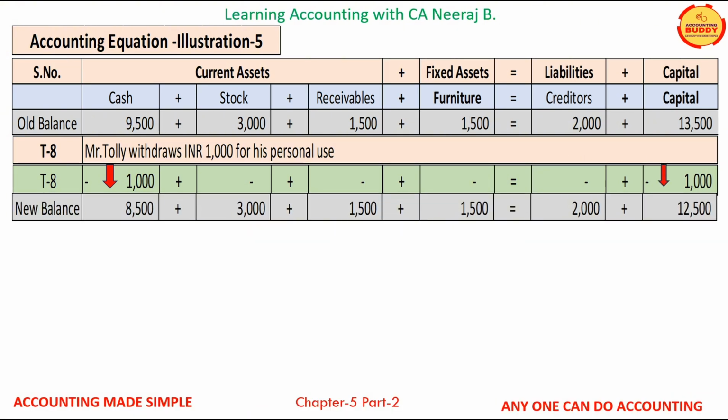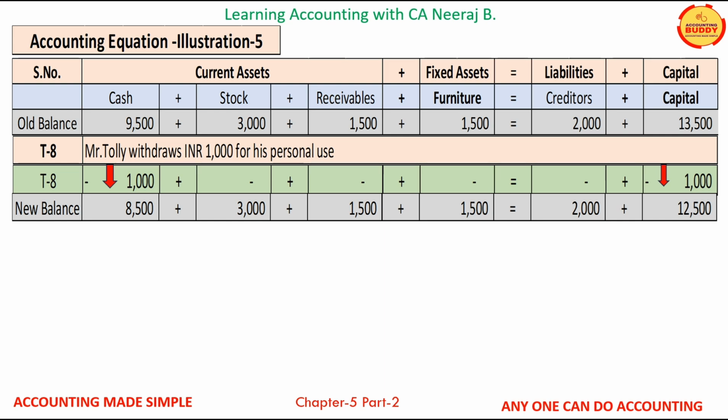New balance of the accounting equation post T8 transaction on the left hand side will be 8,500 cash, 3,000 stock, 1,500 receivable, 1,500 furniture, totaling to INR 14,500 as the total assets of the business. And on the right hand side, we have the sum total of the liabilities of 2,000 and the capital of 12,500.